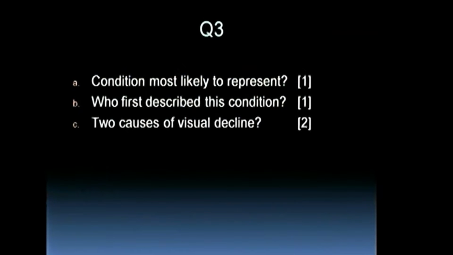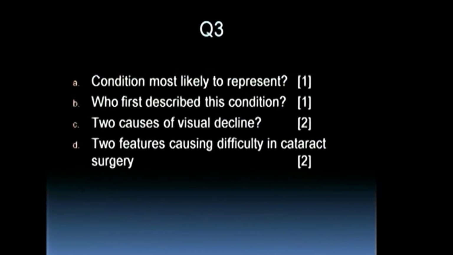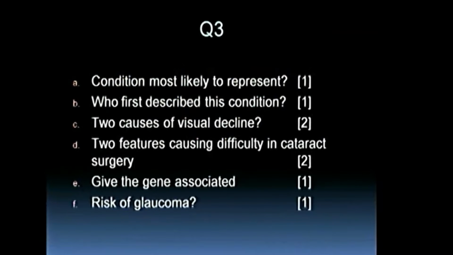Give 2 causes of visual loss or visual decline in patients with this condition. What features give problems during cataract surgery? Give the associated gene. What's the approximate risk of glaucoma? And give 1 other cause of that sign seen on gonioscopy. What other conditions can cause it?